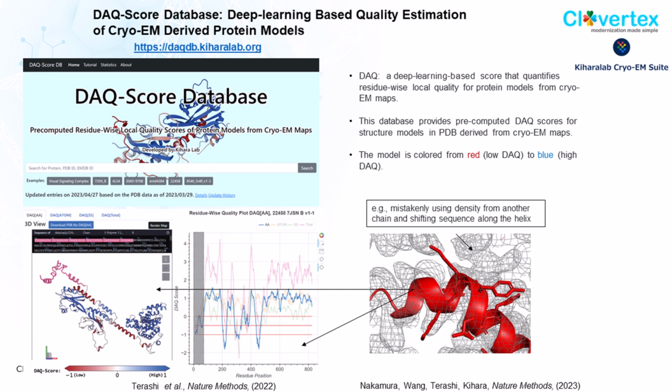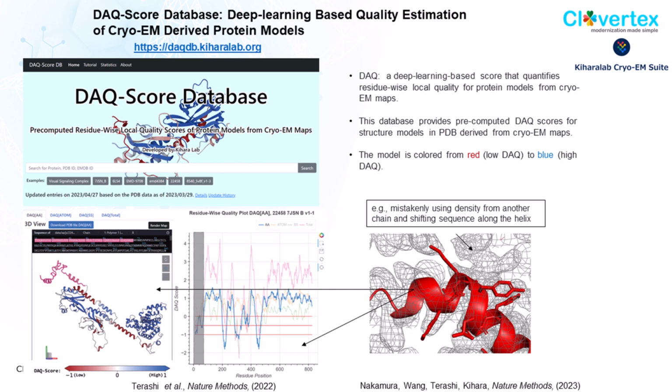This is very useful because it's very typical that mistakes can happen in the sequence mapping stage, for example. You may have a nice alpha helix, but the sequence mapping could be wrong. Then DAQ can detect those kinds of errors.